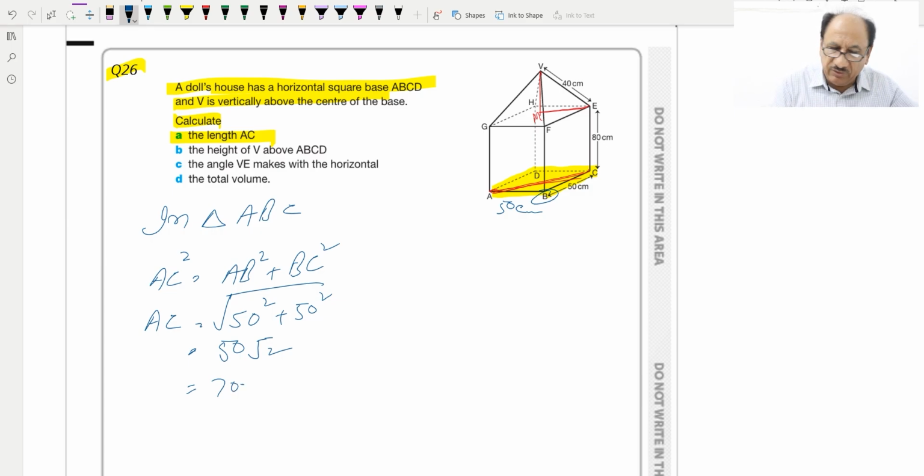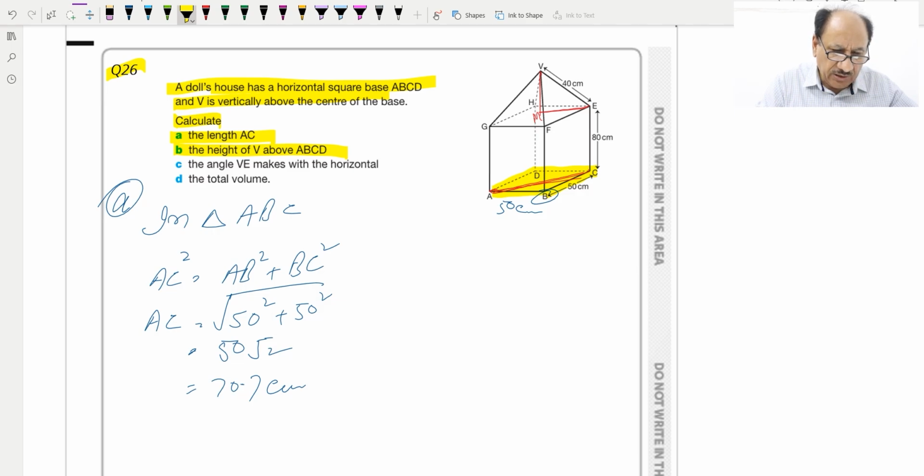So 70.7, this will be in centimeters. This is part A which we have done, 70.7 centimeter. Now for part B, the height of V above ABCD. VM is required, basically the height.